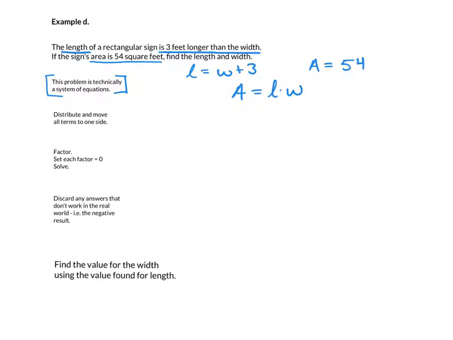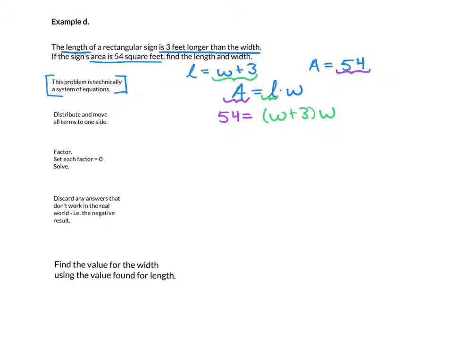And now we go ahead and just plug in our information. We can plug in 54 for A, and we can plug in W plus 3 for L, and we keep our W. From there, we're going to do the same thing we did before.